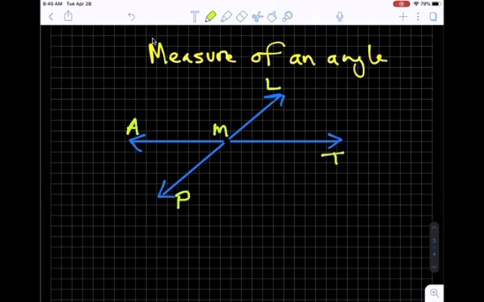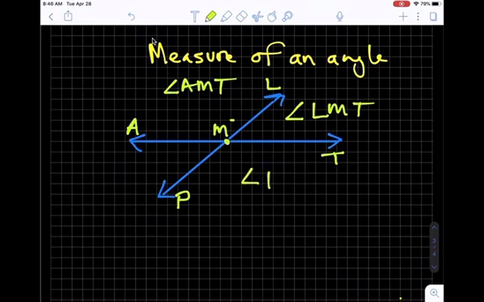All right, so let's talk real quick about something called the measure of an angle. So I have M as my vertex here, right? It's not this angle, it's this vertex. And then I've got A, L, T, P, which kind of represent that. So this would be angle AMT. This would be angle LMT.